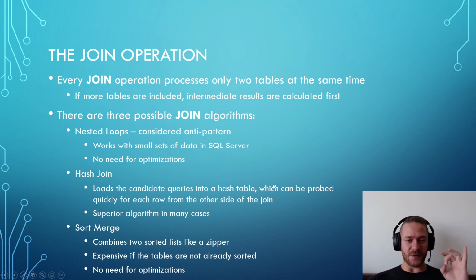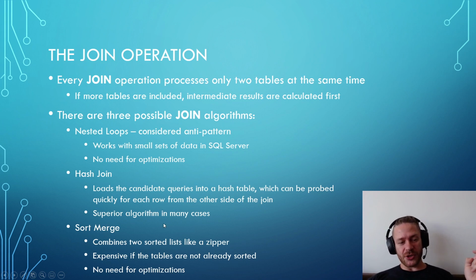Then we may need to use some sort of optimization. So these are the three algorithms which SQL Server uses. We have nested loops, hash joins, and sort merge. For the nested loop, we don't need to optimize anything. Usually the nested loop is used with smaller sets of data which are kind of fast already.